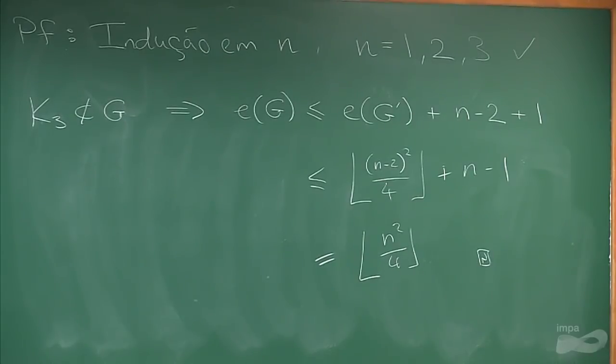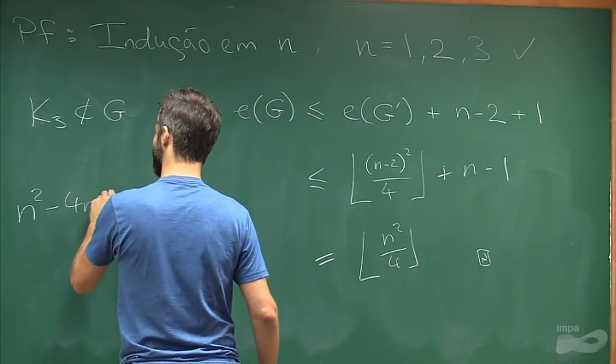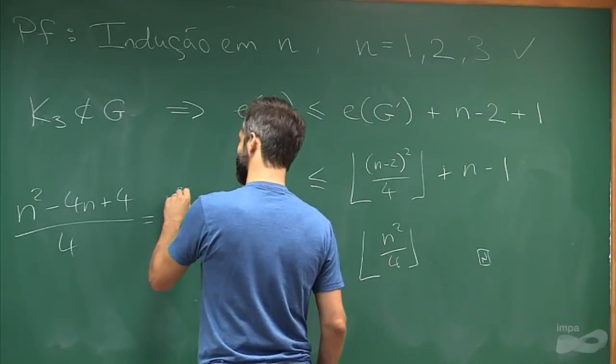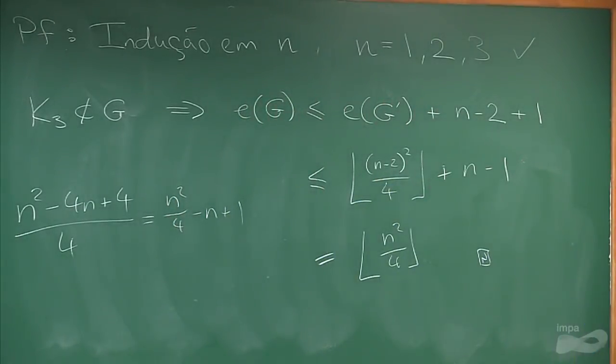For those who can't, (n minus 2) squared is n squared minus 4n plus 4, which when you divide by 4 is n squared over 4 minus n plus 1. Is it okay? That's the proof. That's it. That's Mantel's theorem.